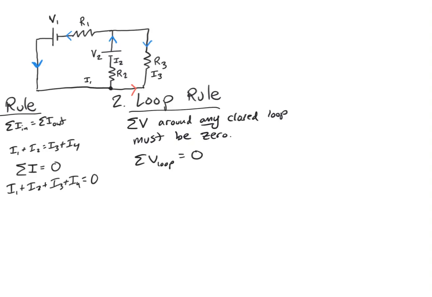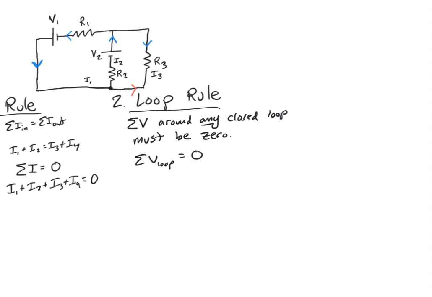And all that's saying is, if I start right here, go all the way around this loop and end where I started, I have to have the same final value of potential that I started with. Since the voltage from point A to point B is simply the difference in potential between them, if my initial and final positions are the same, then my initial and final potentials are the same. There must be a voltage of 0 around any closed loop.